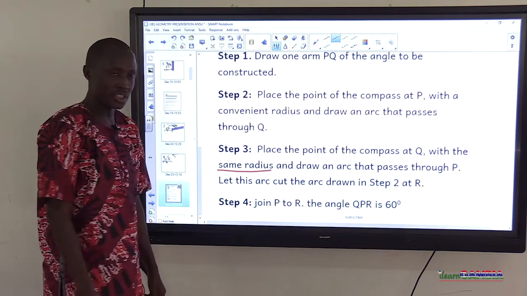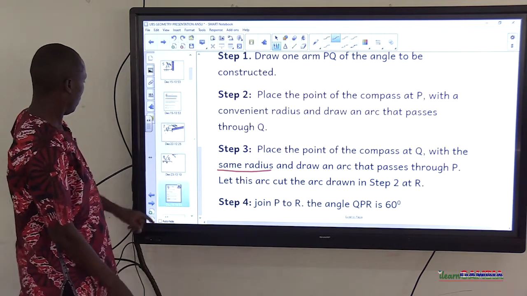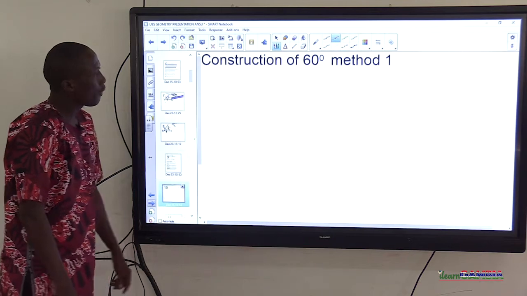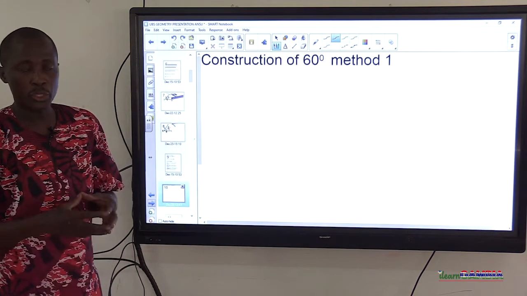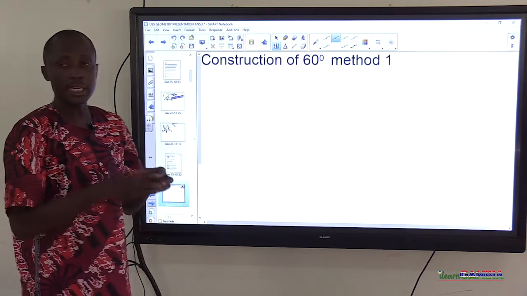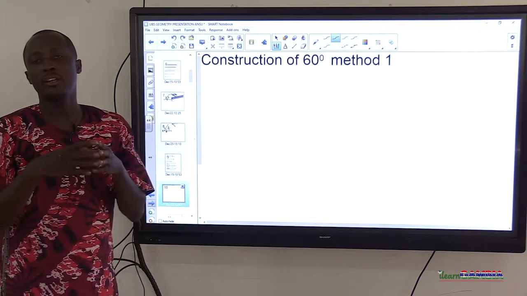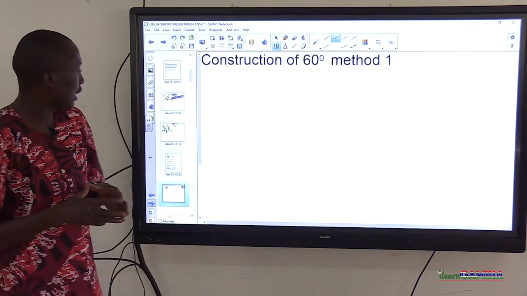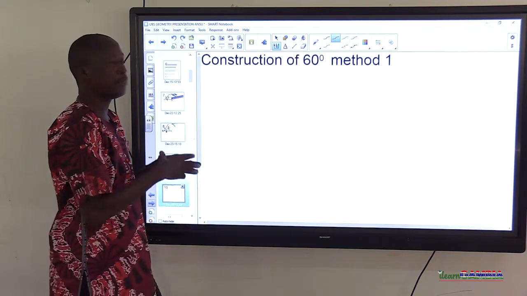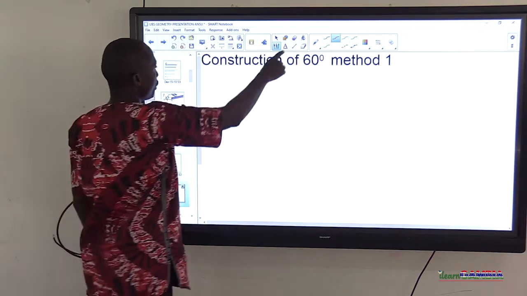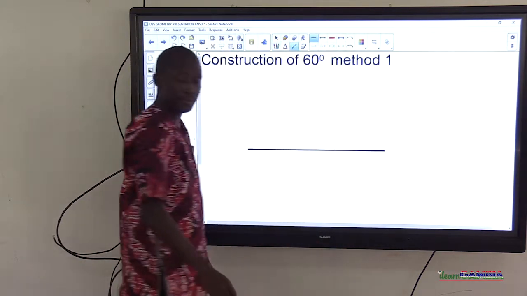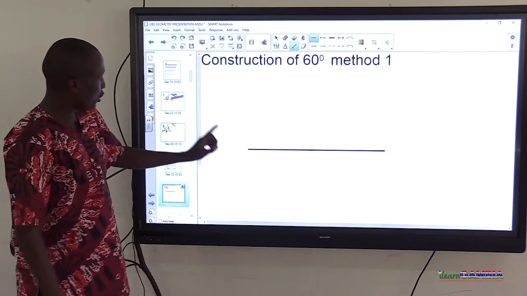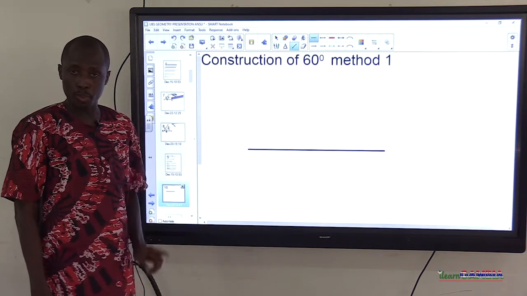Let's go and do these things. Now, what are we supposed to do first? In step 1, we are supposed to construct the arm of the angle that we are going to construct, and that arm will be referred to as PQ. So we draw a straight line. That's my straight line. On this straight line, I am going to mark 2 points.